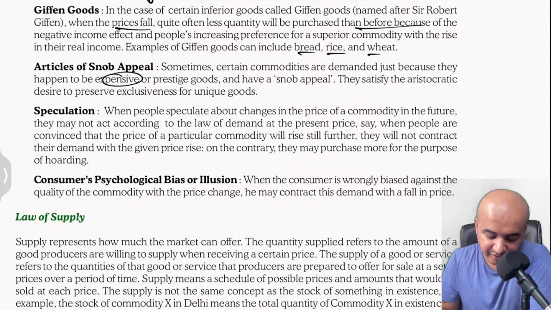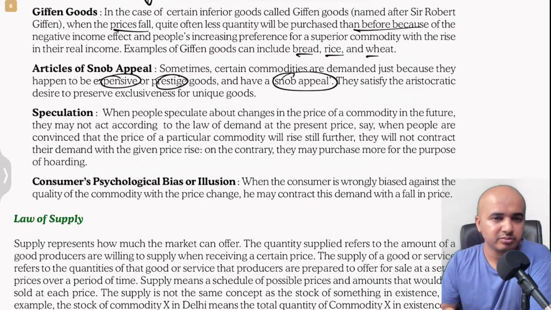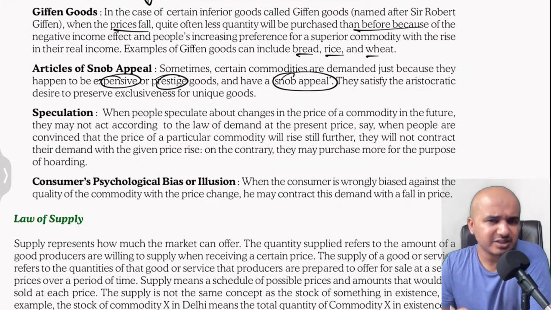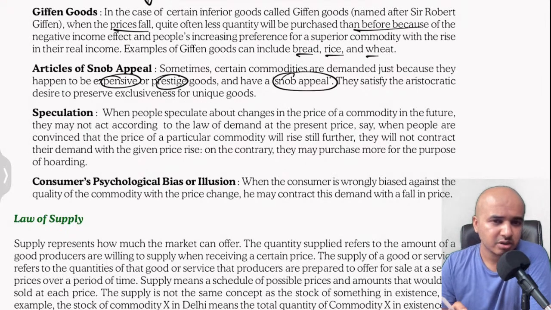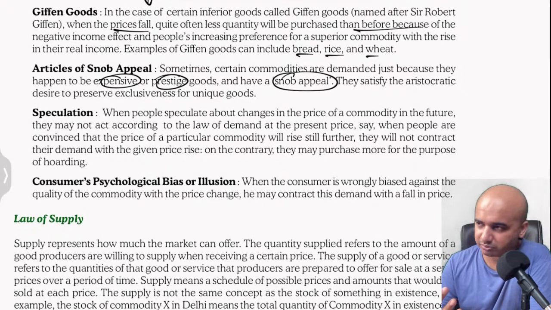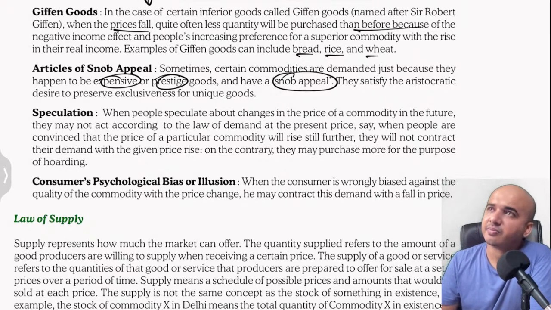Expensive, prestige, snob appeal. Some people buy certain goods only to satiate their status. Like for instance, let's say diamonds.